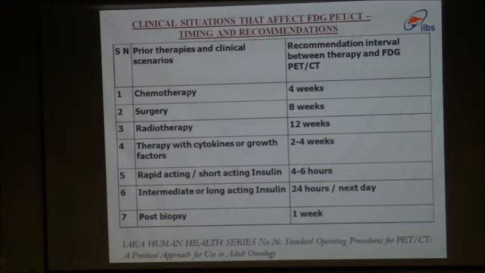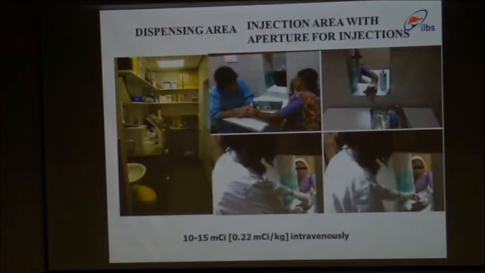After surgery, 8 weeks; radiotherapy, 12 weeks; therapy with cytokines and other growth factors, 2 to 4 weeks; rapid acting, short acting insulin, 4 to 6 hours; intermediate and long acting insulin, 24 hours; and post biopsy, at least a one week gap should be there.